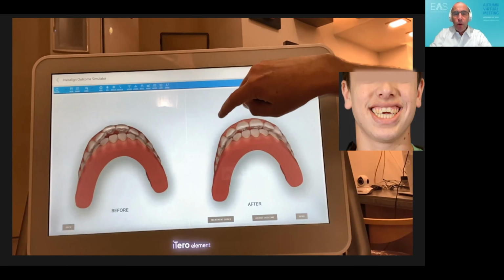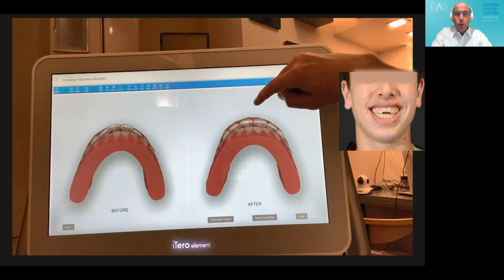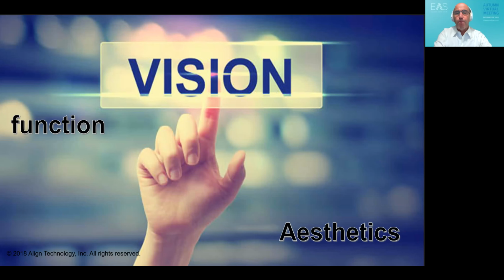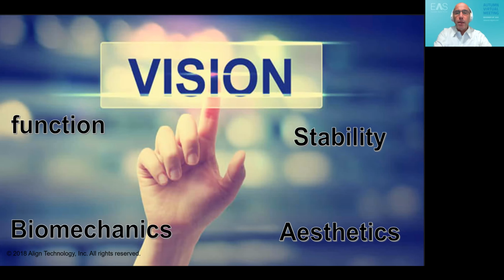So now, as you remember, we need to put inside our vision. And our vision is how we see this case. What is the function of the patient? Remember, he had constricted arches, tongue thrust. So we have to think about the function of this patient, aesthetics, stability, biomechanics, how I'm going to do this expansion.